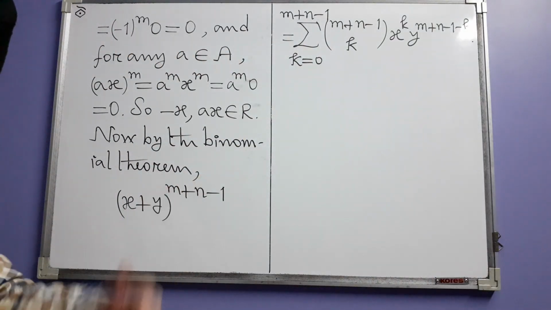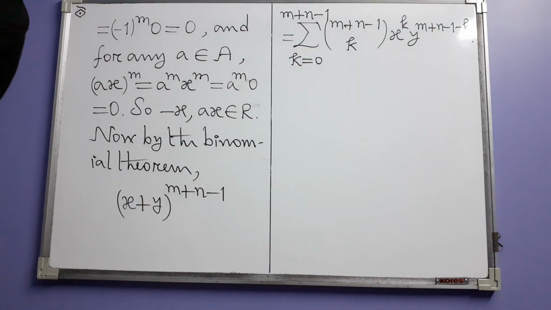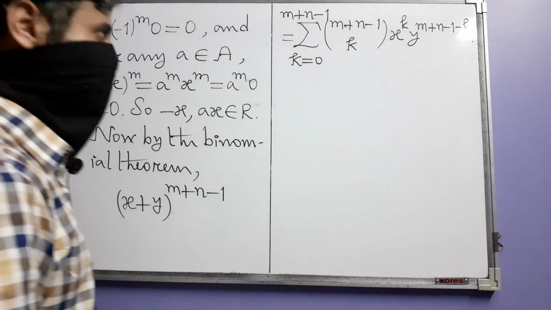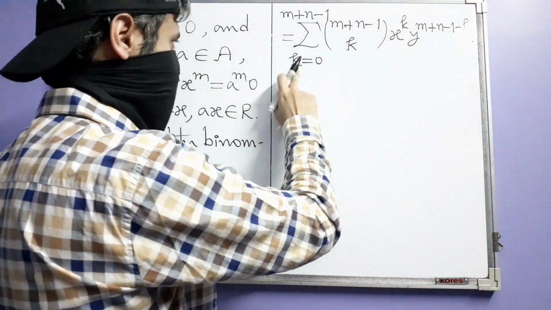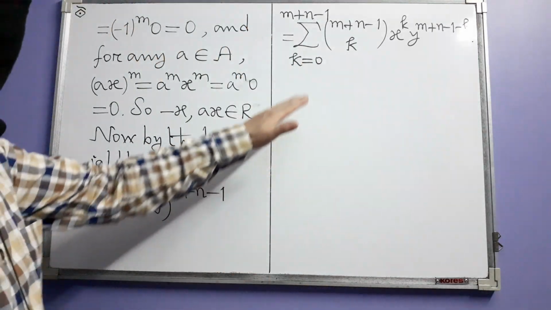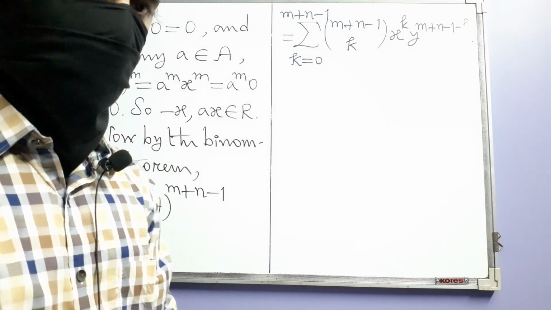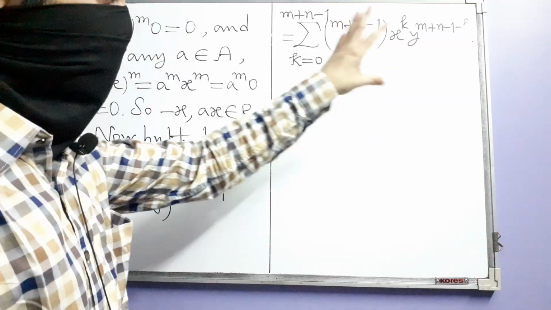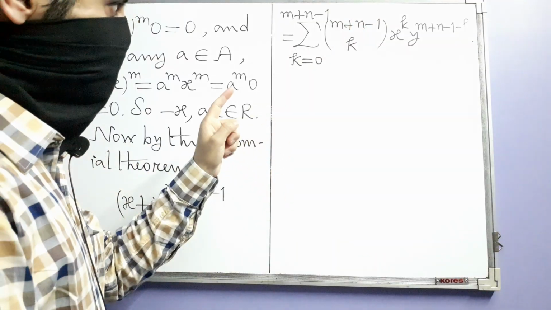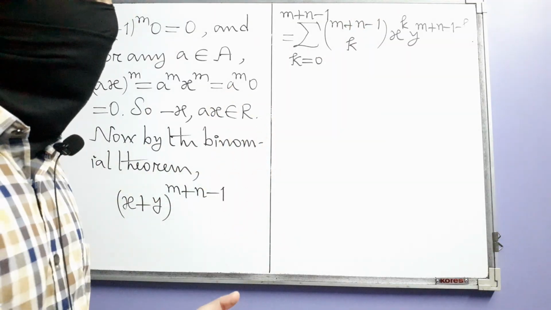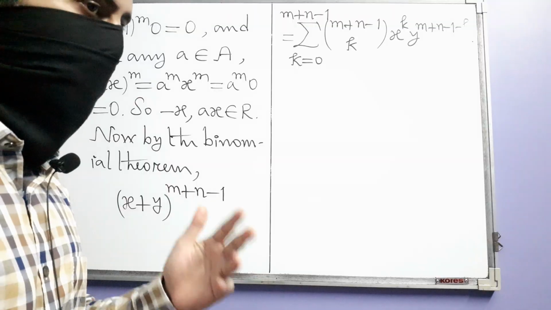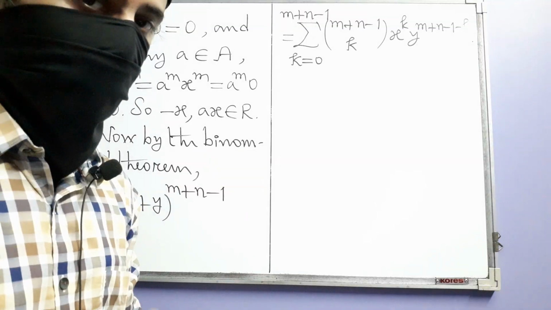Now, what can we say from this expansion? Suppose some index k, so you actually have to say what happens to each term of this sum. That means depending on k, the terms will change. Let us concentrate on those values of k which are greater than or equal to m.